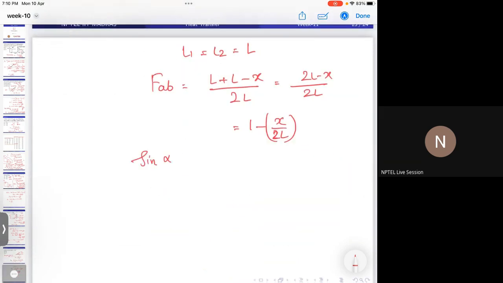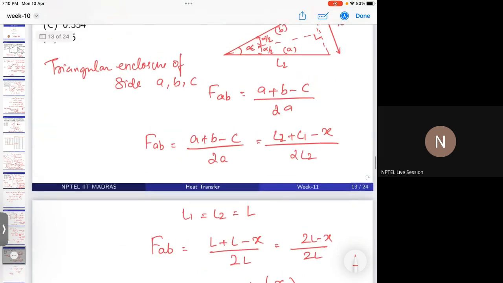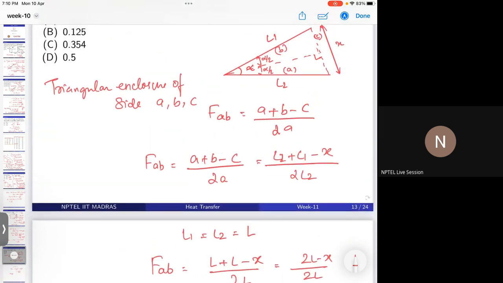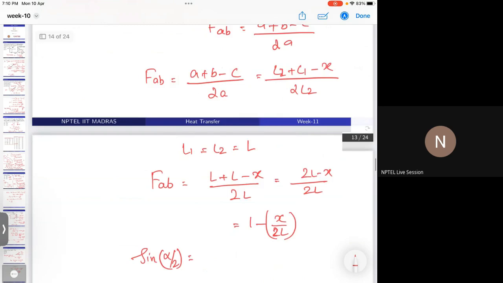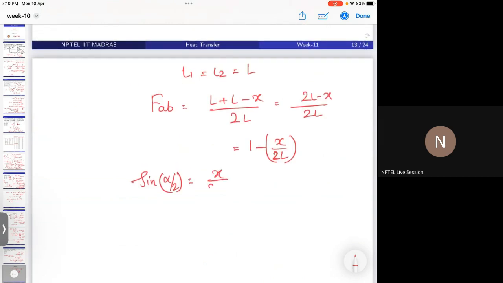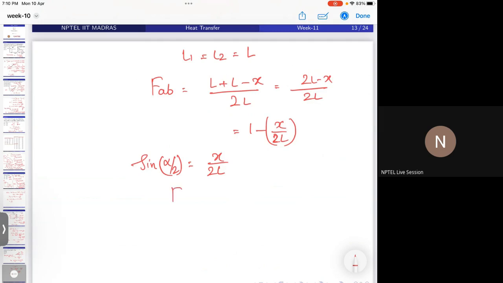Since it is an isosceles case, L1 and L2 are the same, so the angle is alpha by 2 and each half side is X by 2. So sine alpha by 2 is X by 2 divided by L. Replacing that here, FAB is equal to 1 minus sine alpha by 2. This is the view factor for a wedge having equal sides.